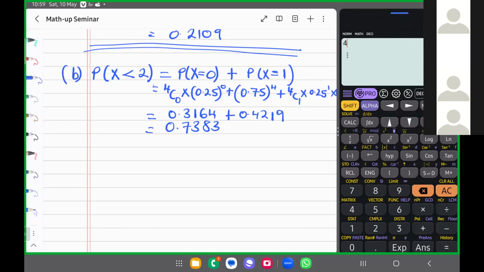Then for my calculator, it is shift, then division, which brings up a C. Then I'll type a 0. Then I'll write times 0.25 power 0, then times 0.75 power 4, and then it gives me the answer. That's how we work it out.